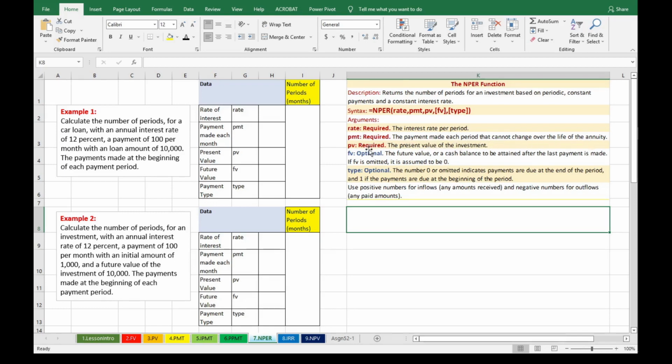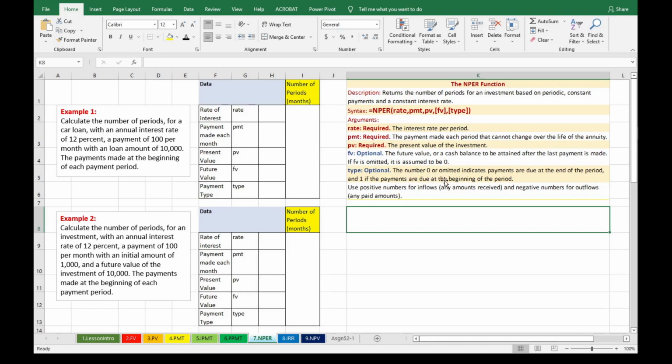Then PV is required argument, this is the present value of the investment. FV is an optional argument, this is the future value or cash balance to be attained after the last payment is made. If FV is omitted, it is assumed to be 0. Then the type argument, which is also an optional argument, this is either number 0 or 1.